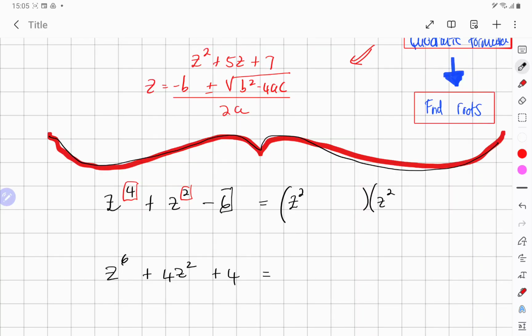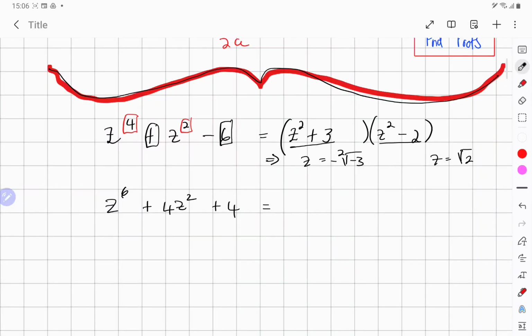Which two numbers, when you multiply them, will give you minus 6, but when you add, will give you 1? So we know we have plus 3 and minus 2. Now, from this step, to factorize these two, as I said in the earlier steps, you will do the square root of negative 3 and the square root of negative 2. The best is to use roots, and that's what we're going to do now.